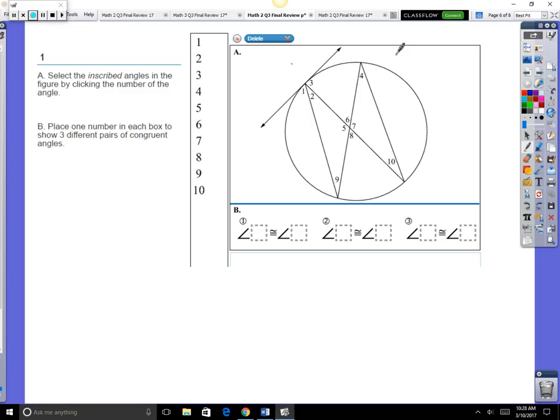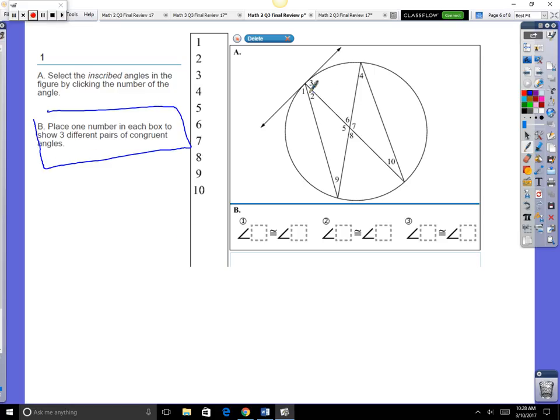Okay, now they're going to give you a picture. You need to select the inscribed angles in the figure by clicking the number of the angle. So I'm not really worried about this. This is the one that we want.